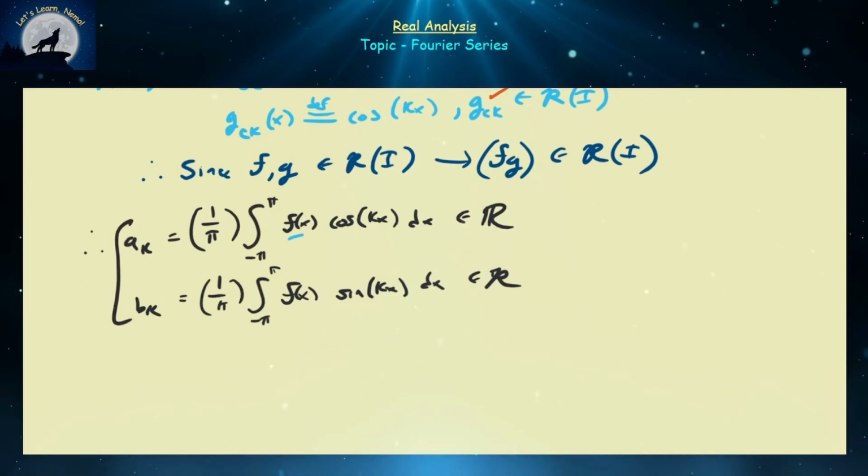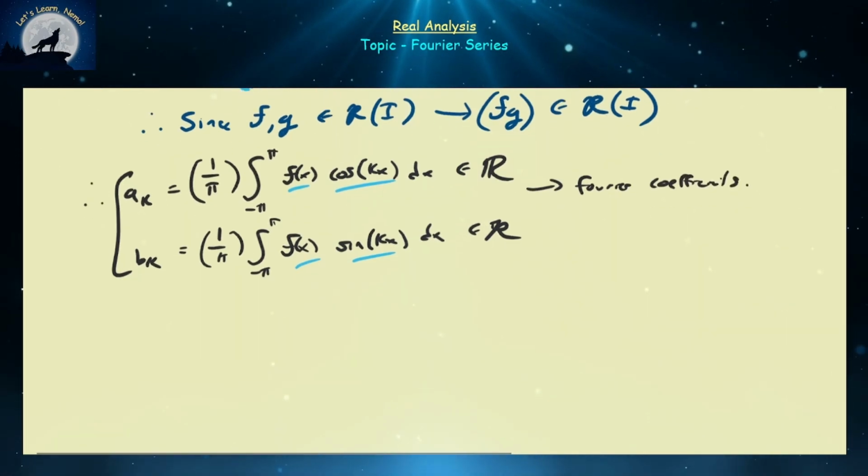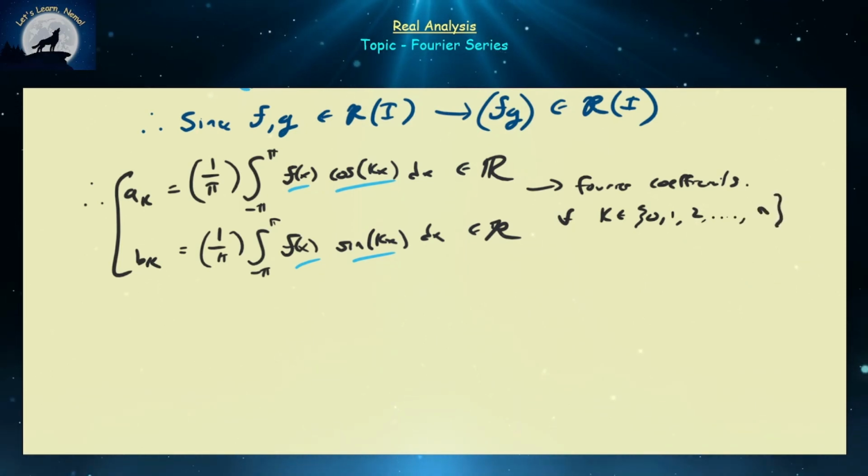And why is that? Well, these functions are Riemann integrable on I, therefore that integral exists and is finite. So now that we have these objects existing, which are the Fourier coefficients, that means they exist for all k in 0, 1, 2, all the way up to n.